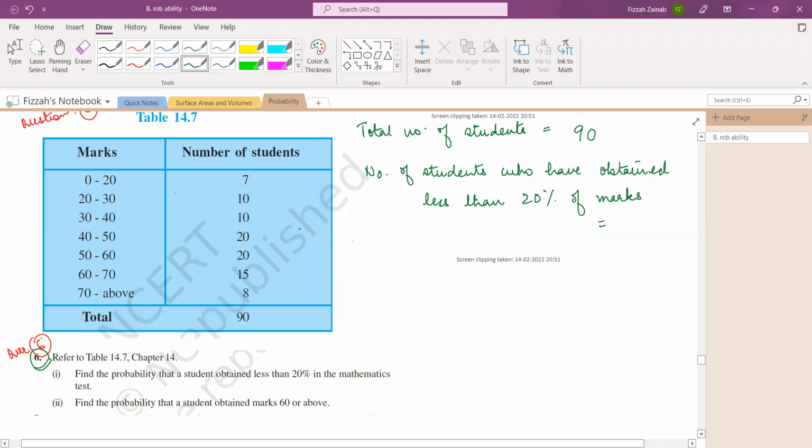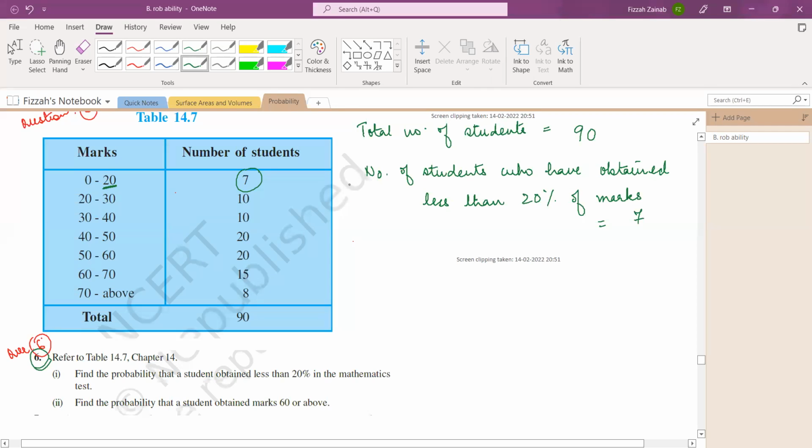Yes, Mridula, what do you say? What are the number of students who have obtained less than 20% of marks? Ma'am, 7. 7, yes, because this 20 is not counted here, right? So it is less than 20. So 7 students are there.